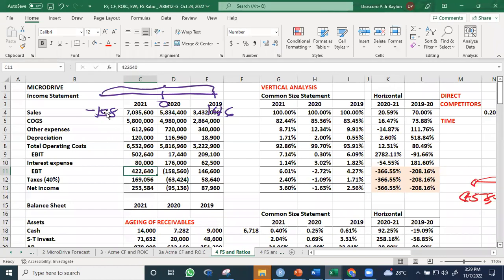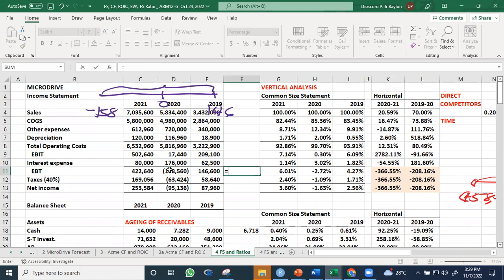158 negative to 422. So how do we get that? Again, kunin natin distance nito, no? Ang distance nito will be 158 tapos 422 positive. So what we can do is 422 minus this one.